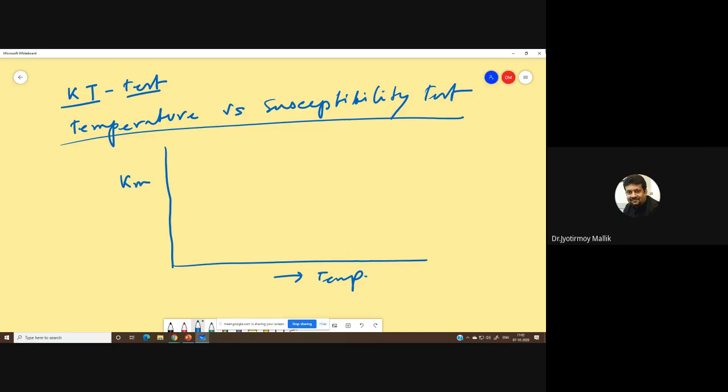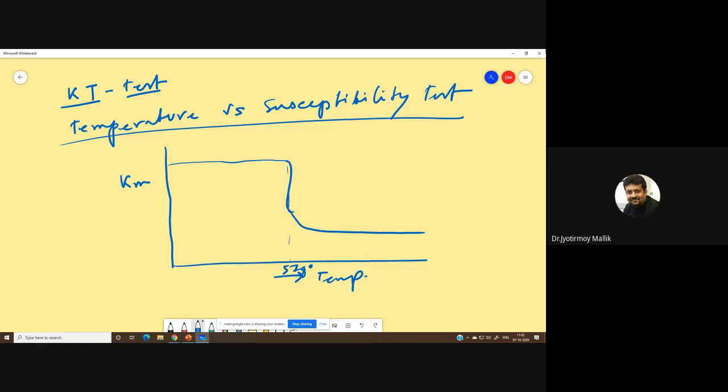Say I go like this, with a quite constant Km, and at 578 degrees centigrade I see a sharp drop in my susceptibility, and it continues like this.